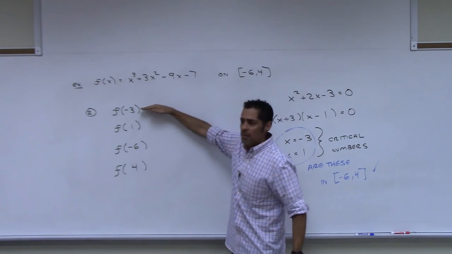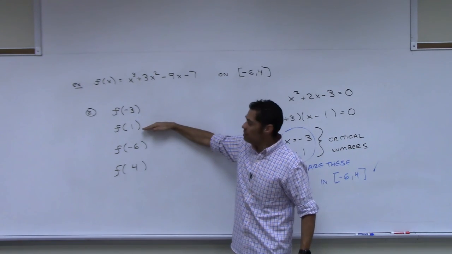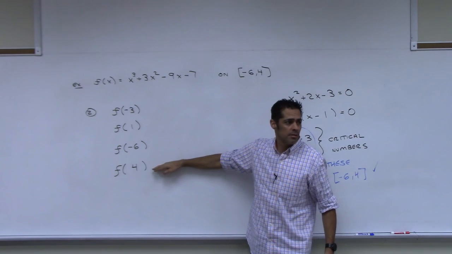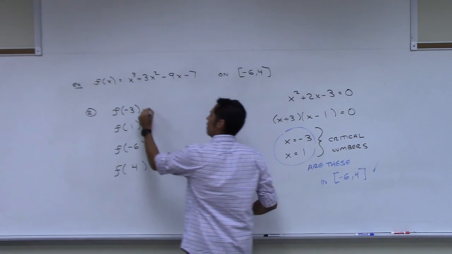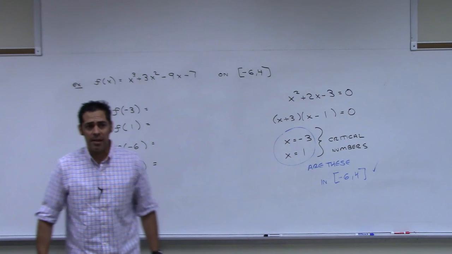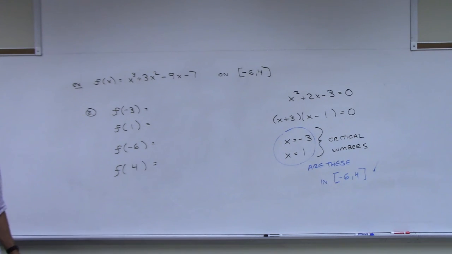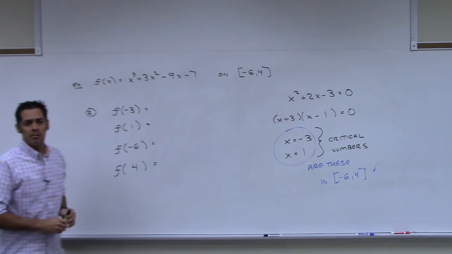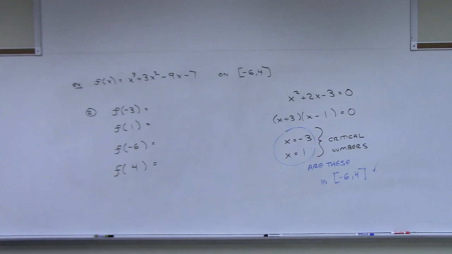So I'm evaluating my function at the critical numbers, and I'm evaluating the function at the endpoints, right? And that's it. The absolute max and the absolute min has to be from this list of 4 numbers. So why don't you go ahead and do that? I'm going to give you about 2 or 3 minutes to plug those in, and then we'll just check. While you're doing that, I'm going to graph this.